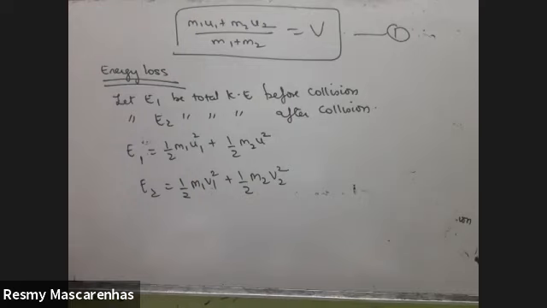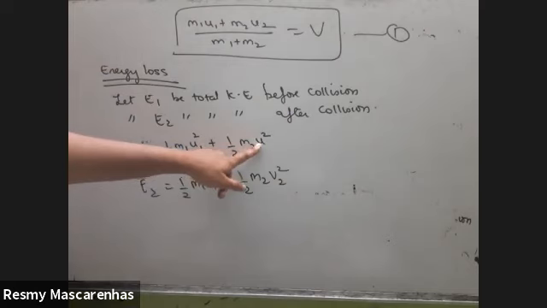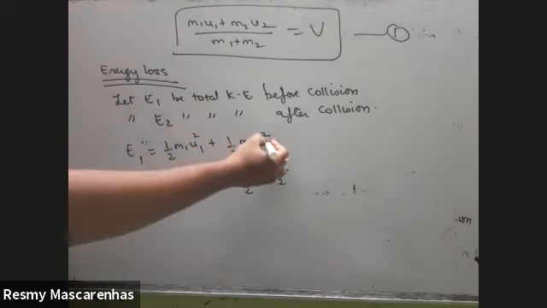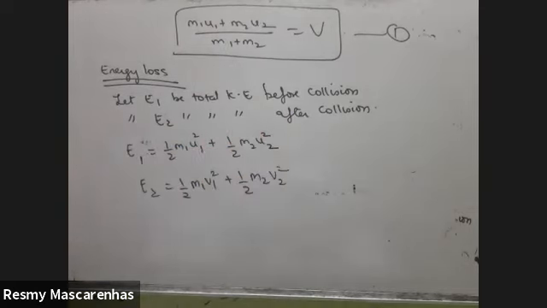These are the kinetic energies. Half mv square is the formula. Velocities before collision are u1 and u2, that's why I'm using u. So these are the kinetic energies after collision.